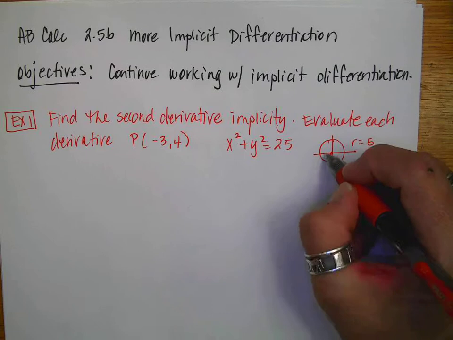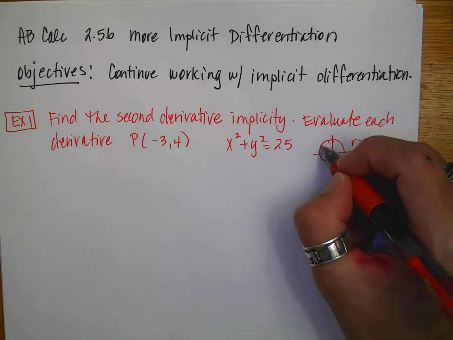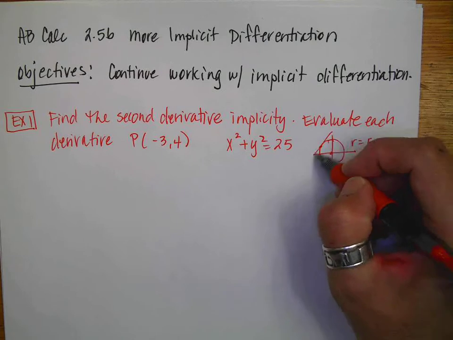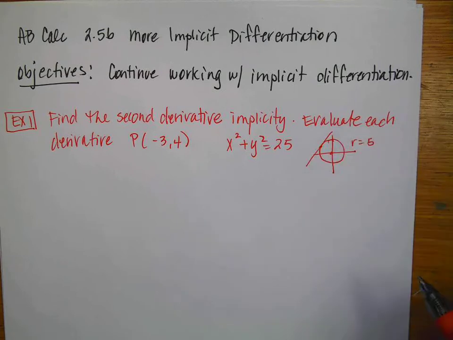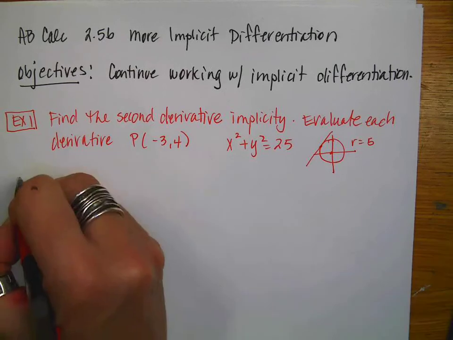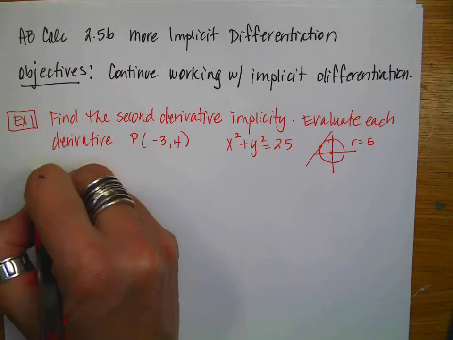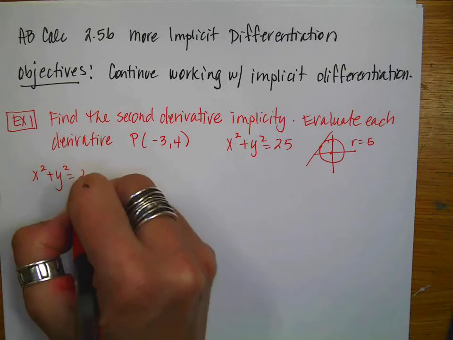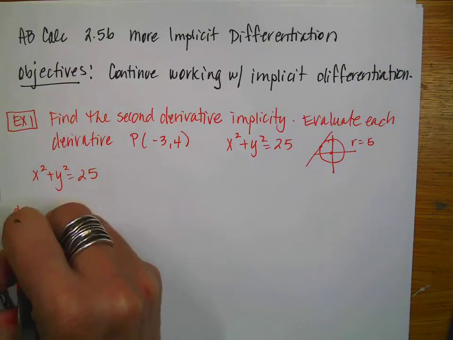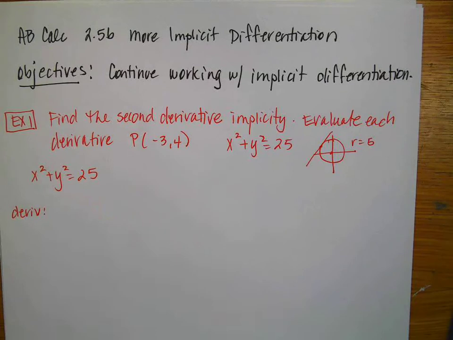So at -3, 4, let's say it's right there, I want to know what the first and second derivative do at that point. Let's just start off with the first derivative. This is kind of a cool problem.